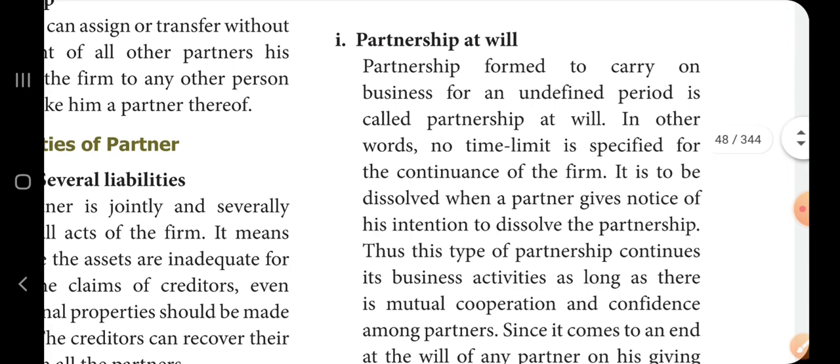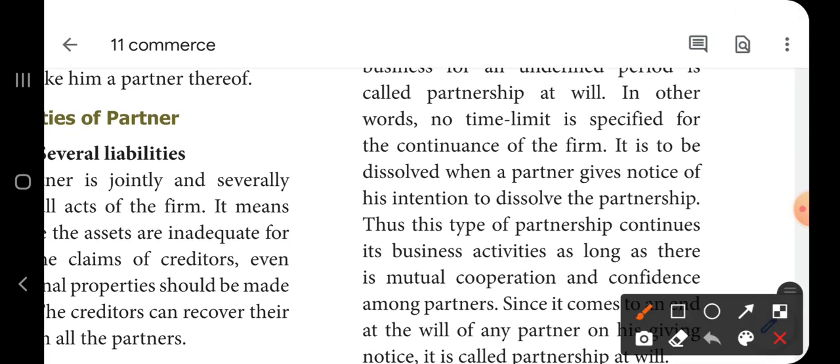Say for example, if the partners A, B, C enter into an agreement to do a business, but the time when the business will come to an end is not specified in the agreement, then we call it partnership at will. In case of this partnership, if they want to close the business, the partners have to give 14 days notice period to the other partners. Only then they can come out of the partnership firm.